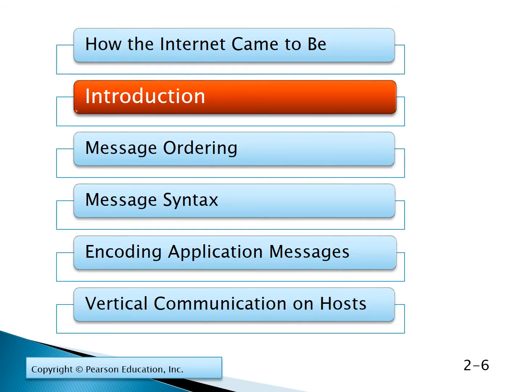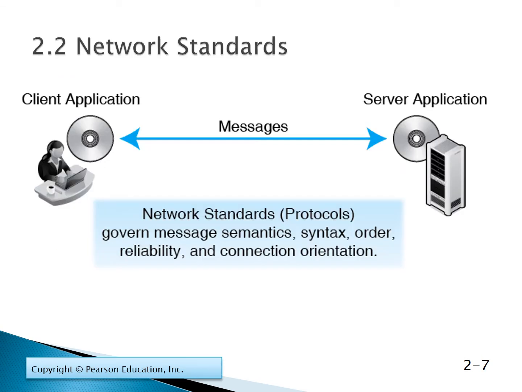Okay, so now we are going to give an introduction to network standards. Network standards actually cover message semantics, syntax, order, reliability, and connection orientation. Sometimes people call it protocols. Standards and protocols are more or less the same thing.